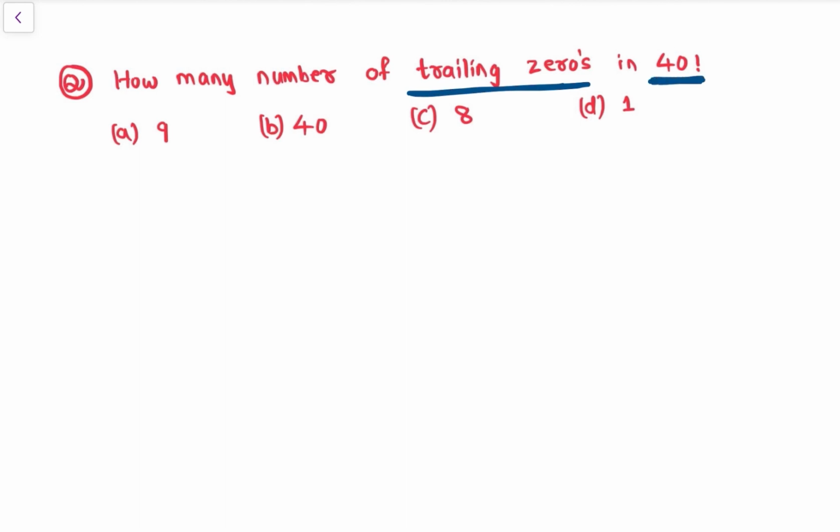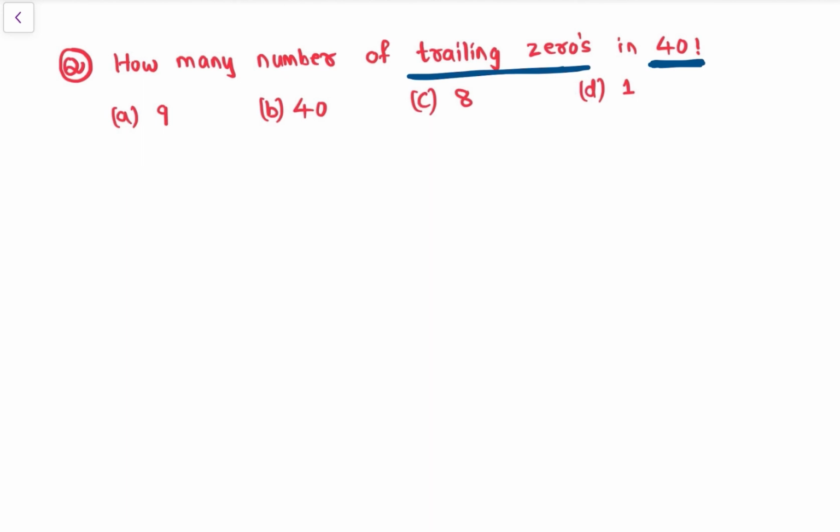40 factorial, trailing zeros means the zeros towards the end of the number. For example, the number is 1 2 0 0 0 0. Towards the end, those are the trailing zeros. Or suppose the number is like 0 2 0 4 0 0 5 0. Here we are counting trailing zeros, that is, the number of zeros towards the end of the product.